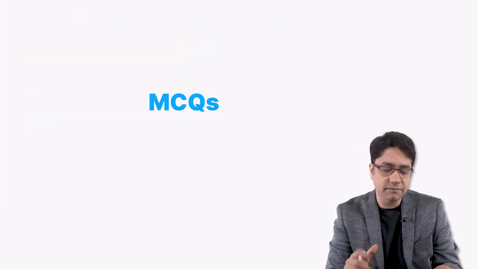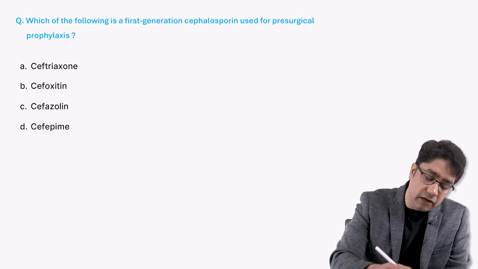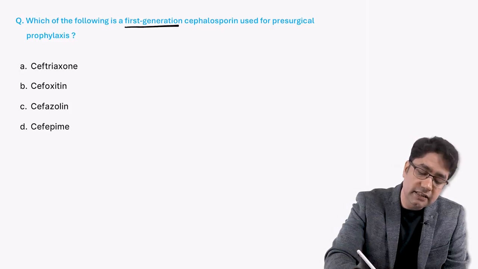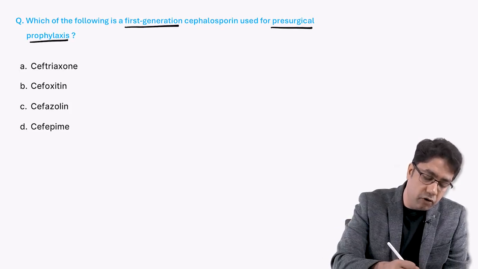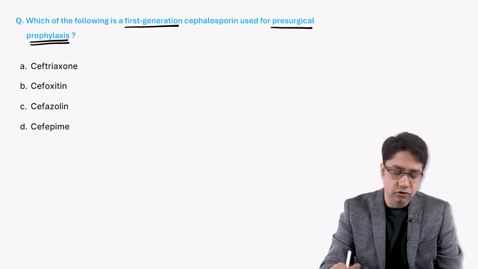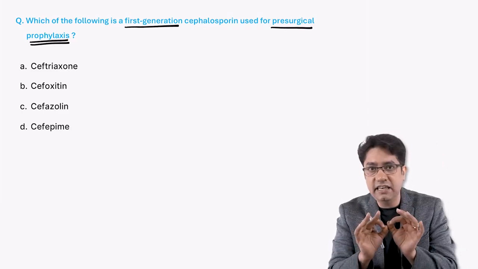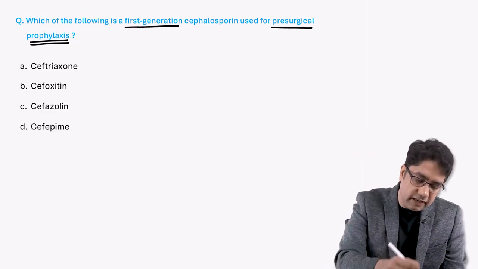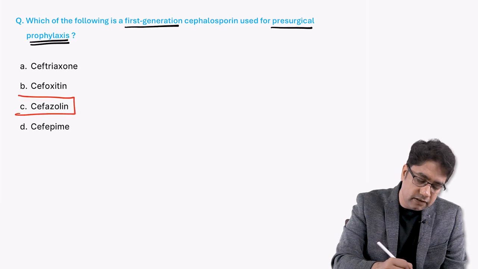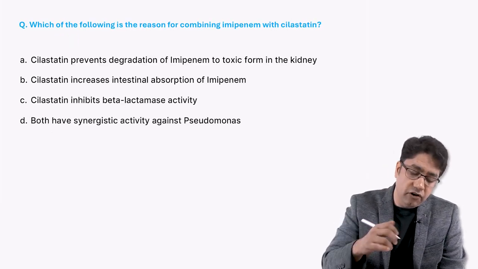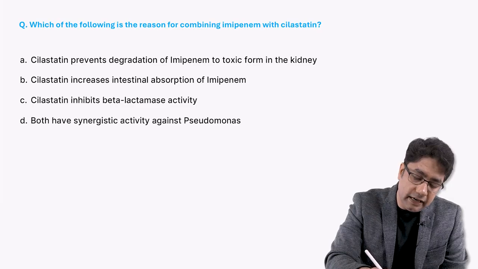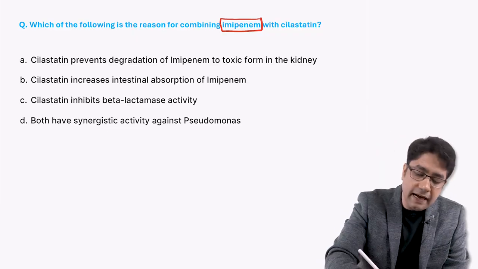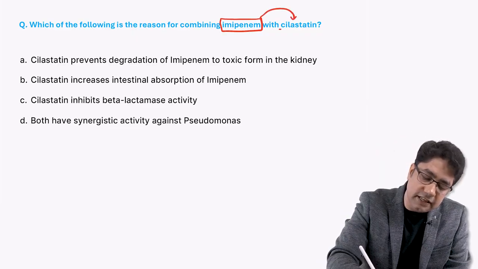Let's solve certain MCQs. Which of the following first generation cephalosporins is given for pre-surgical prophylaxis? You have to identify the Cepha word. Cepha will be first generation. So the correct answer is cefazolin. Which of the following is the reason for combining imipenem? Remember, imipenem is a carbapenem and it is combined with cilastatin.